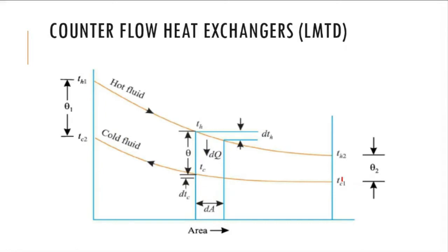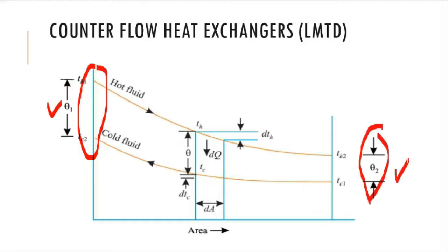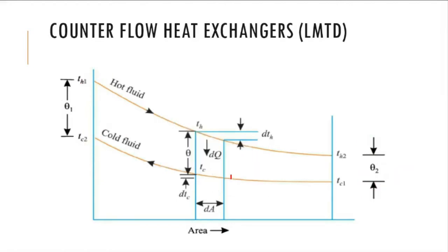Now here if we talk about the temperature difference which is available for heat transfer, always the temperature difference available for heat transfer is given by Th minus Tc. So at this particular section of the heat exchanger, the temperature difference is given as theta 1. At this section, the temperature difference is given as theta 2. In this particular case, theta 1 value is equal to Th1 minus Tc2 and theta 2 value is Th2 minus Tc1.